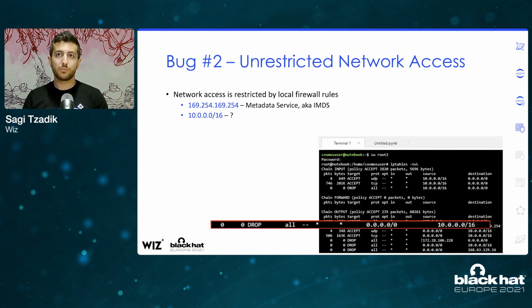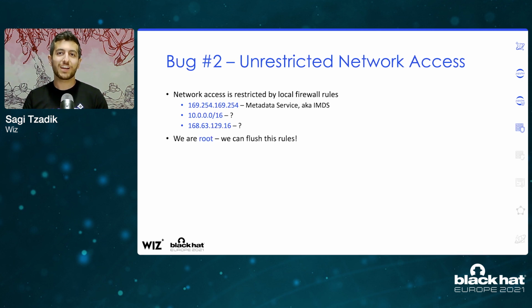The only thing that we know about it is that this is a subnet of internal IP addresses and that we shouldn't be able to access it. Finally, there's this rule that prevents us from accessing this IP address. Once again, we are not familiar with this IP address, and we don't know what its purpose is and why we shouldn't be able to access it.